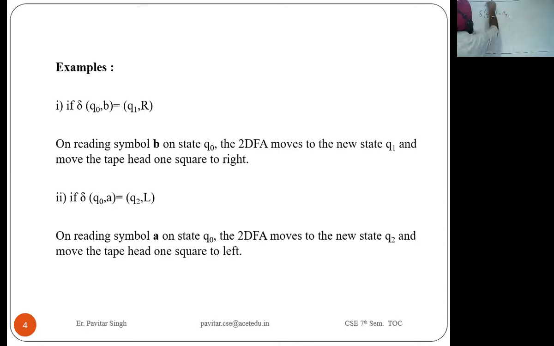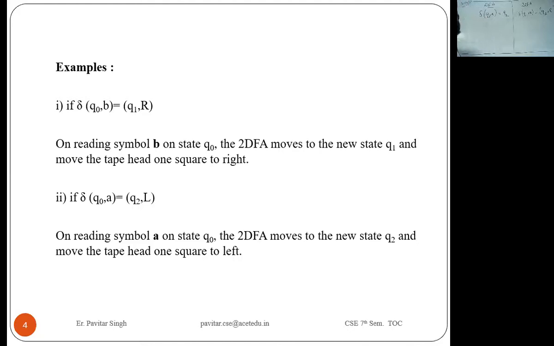But in case of 2DFA, your moves are of the form delta Q1 comma A is equal to Q2 comma R. This means that upon processing A, Q1 is moving to state Q2 and the direction of motion will be right.